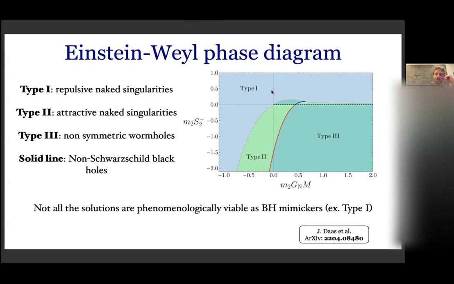Because, for example, the properties of these objects have been studied, and if you look for these objects to serve as black hole mimickers, you would exclude all this light blue region, because these repulsive negative singularities cannot play the role of black hole mimickers, because they do not share the shadow of black holes. So you have phenomenological constraints to put on top of it.